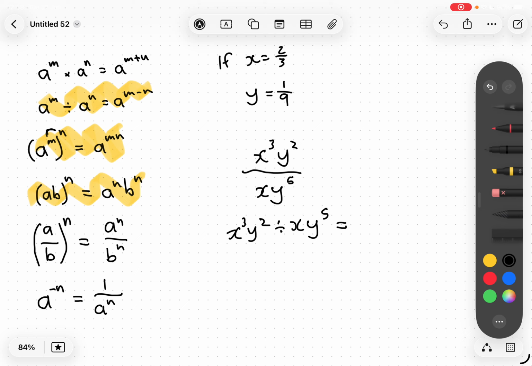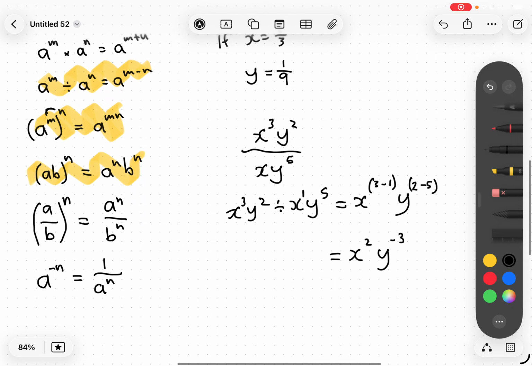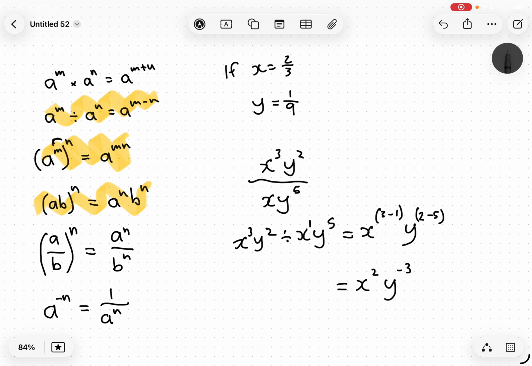That'll equal x to the 3 minus 1, because when there's no index there, there's a 1, and we just don't write it there, just for simplicity's sake. 3 minus 1, and then y to the 2 minus 5, which is equal to x squared y to the negative 3. Or x squared on y cubed.